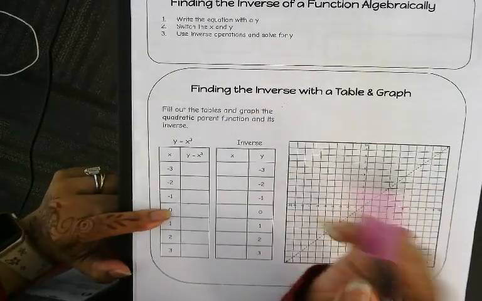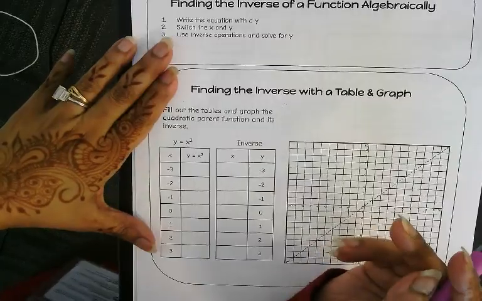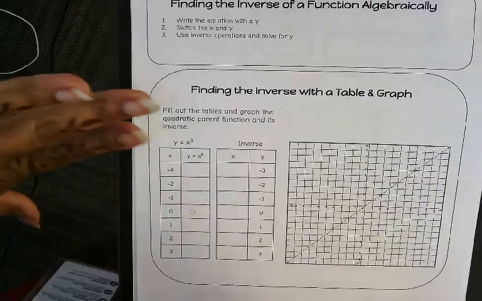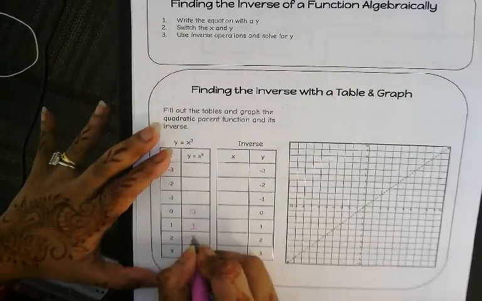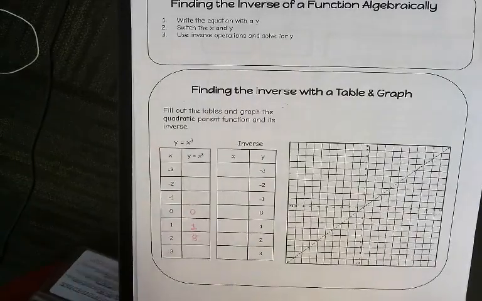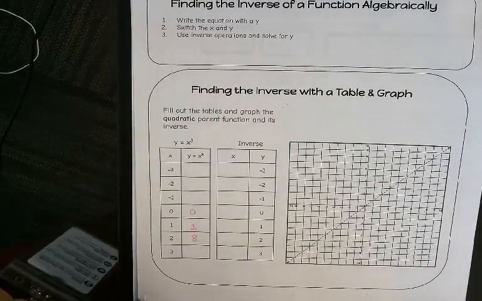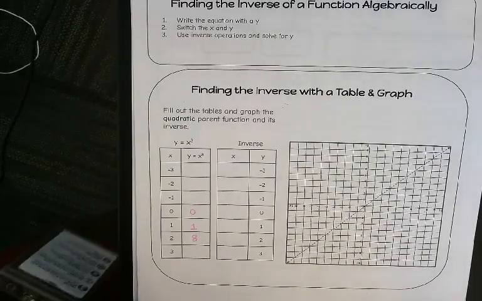So give me the values for this one. If I plug in 0 over here, 0 cube is going to be? 0. 1 cube is going to be? 2 cube? 8. Wow. 2 cube is going to be? 8. 2 times 2 times 2. 3 cube is going to be? 27.